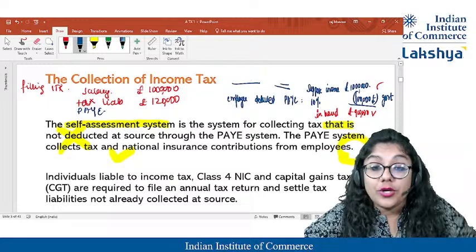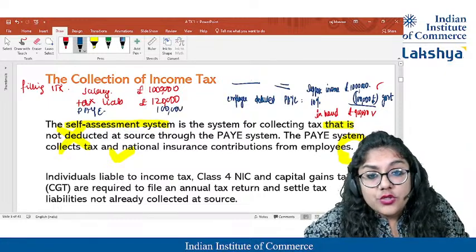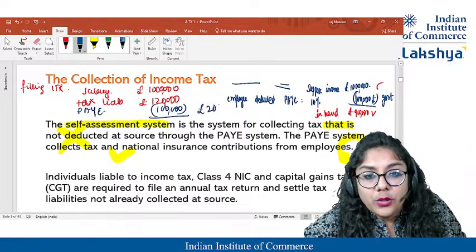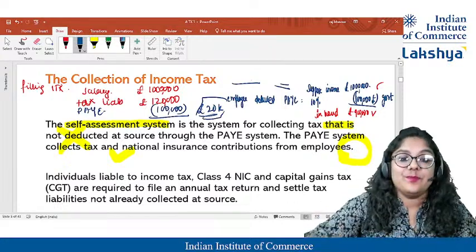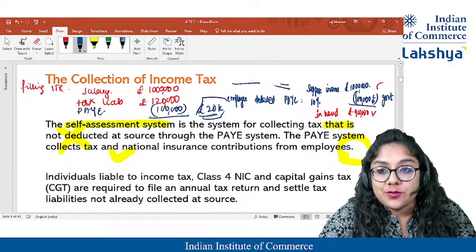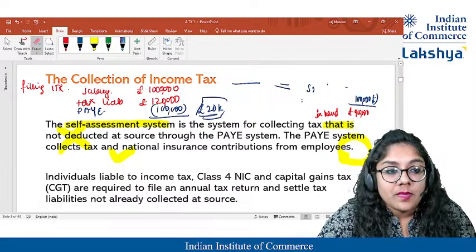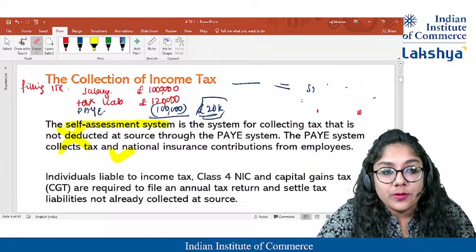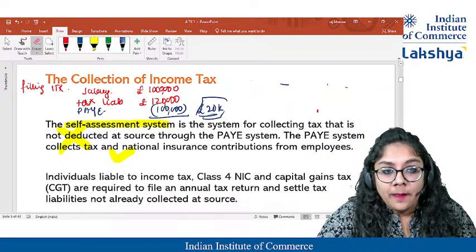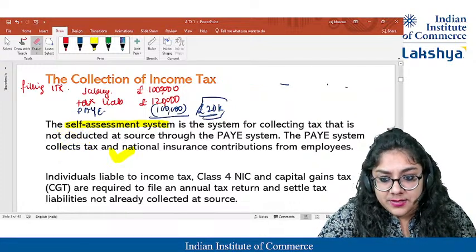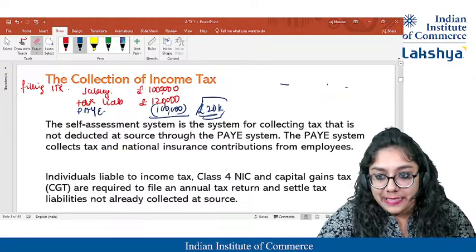I have already contributed to the government at the rate of 1 lakh. So don't you think now only pound 20,000 is my liability? Yes. So that is shown. I hope you understood it. When you read it now you will understand it more. They have written that the self-assessment tax is a system where I'll calculate it on my own.